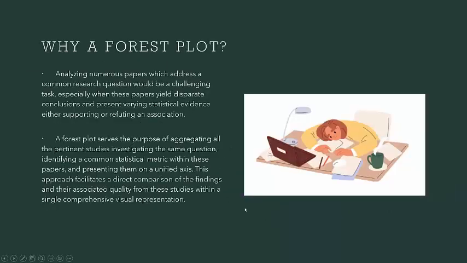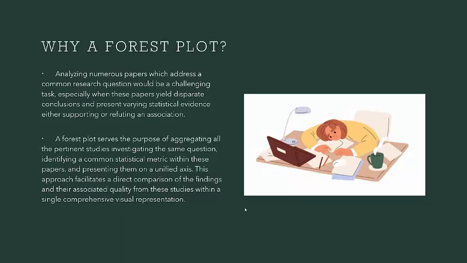Why do we use the forest plot? Analyzing numerous papers which address a common research question would be a challenging task when performing the meta-analysis, especially when these papers yield disparate conclusions and present varying statistical evidence. Either they are supporting or they are refuting an association.